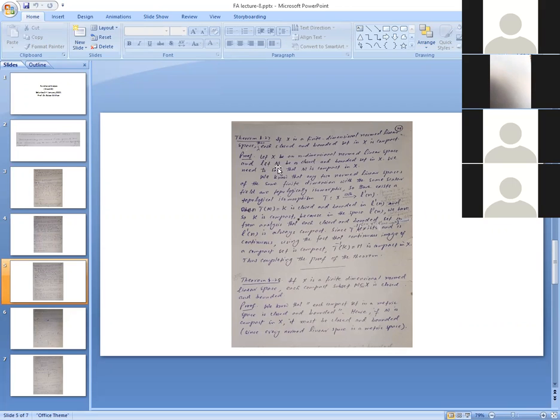Next, consider a closed and bounded set in this finite dimensional nonlinear space X, and we say that this closed bounded set is M. Now what do we have to do? We have to prove that this closed and bounded set M in X is compact.